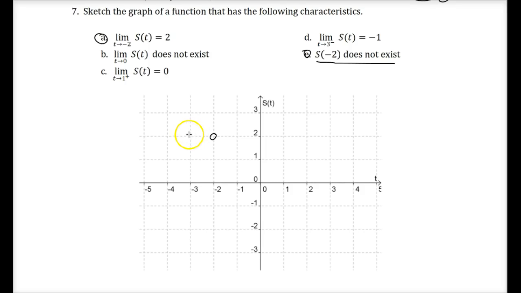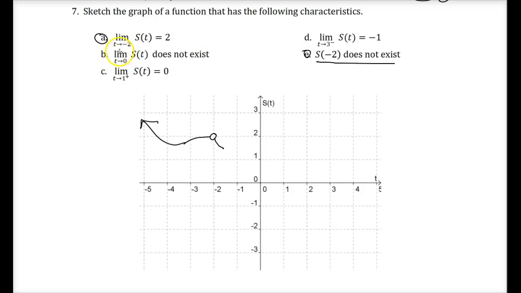Now, besides that, you can do just about anything else you want to with this graph. So what I'm going to do is kind of go like this, and then go up like that. And then for here, I'm just going to go like this for right now, because I don't know what else I'm going to have to do. So as of right now, all we know is that we're going to have a hole, okay? And A and E take care of that. So we're done with those two.